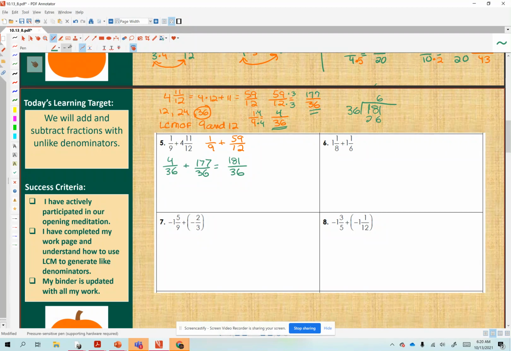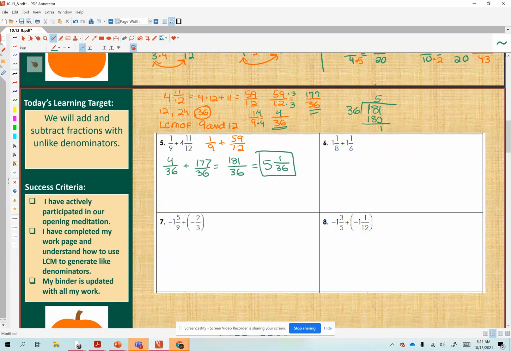Nope, too big. Let's try 5. And this is what division is. It's sometimes guess and check. 5 times 6 is 30, 15, 8. There we go, with 1 left over. So 181 over 36 is equivalent to 5 and 1/36. And that's our final answer.